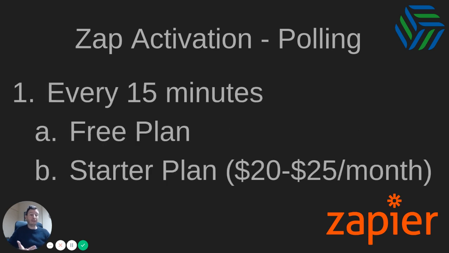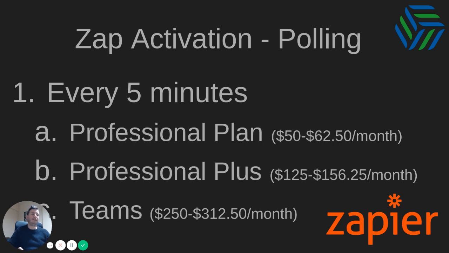And depending on the plan, this polling is going to be executed every 15 minutes in the case of the free plan or the starter plan, and every 5 minutes for the rest of the plans, the professional plan, the professional plus plan, and the teams plan.